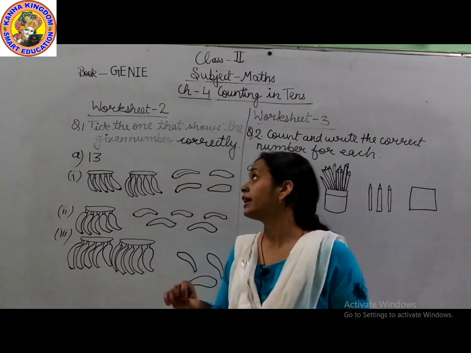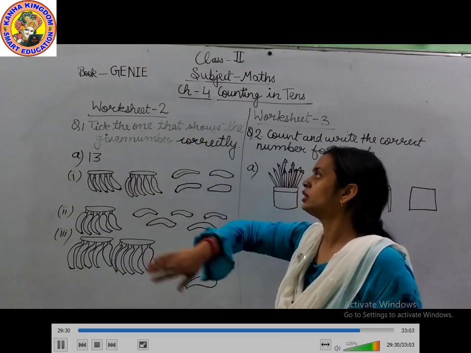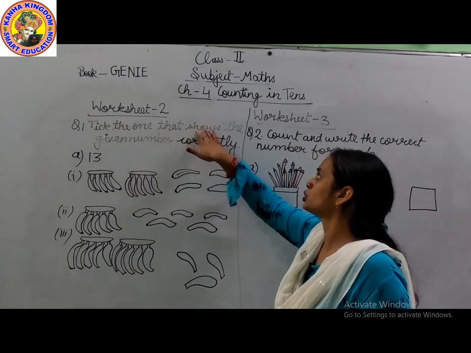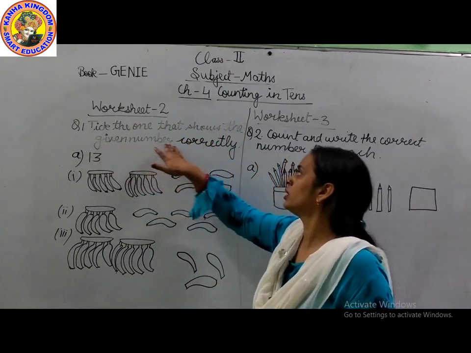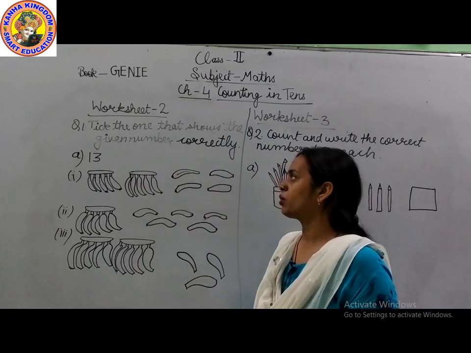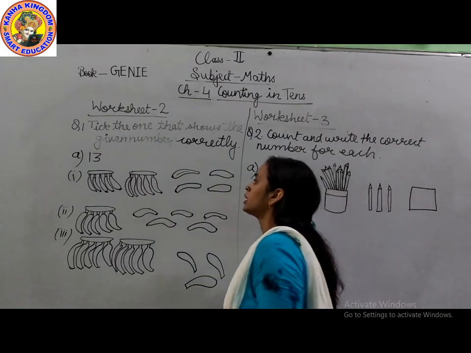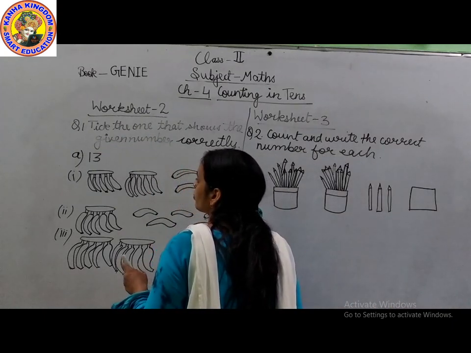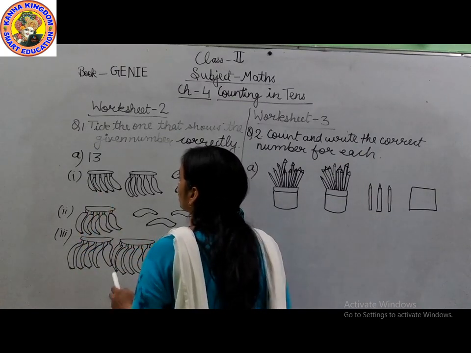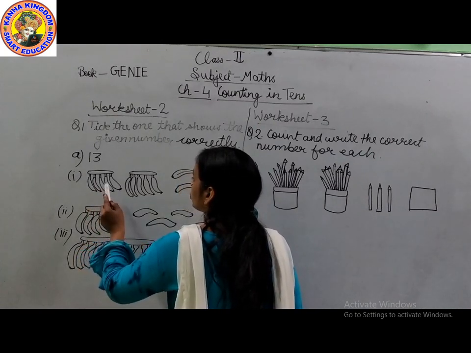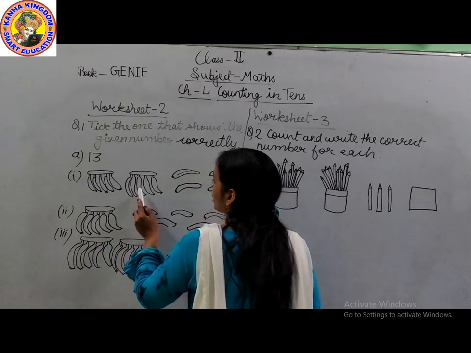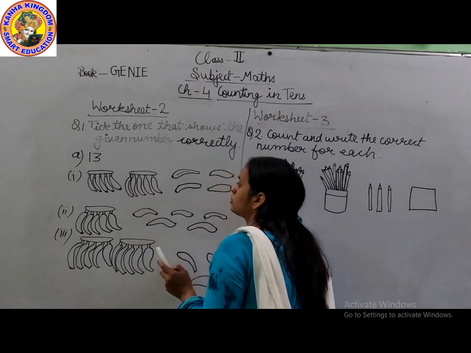Now next worksheet 2, take the one that shows the given number correctly. So we have to tick the right option that shows the given number correctly. So in first picture we count how many bananas. In option 1, 1, 2, 3, 4, 5, 6, 7, 8, 9, 10, 11.